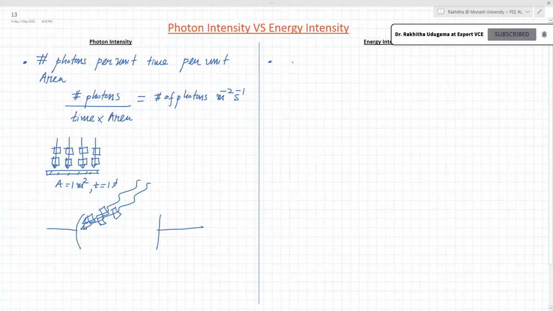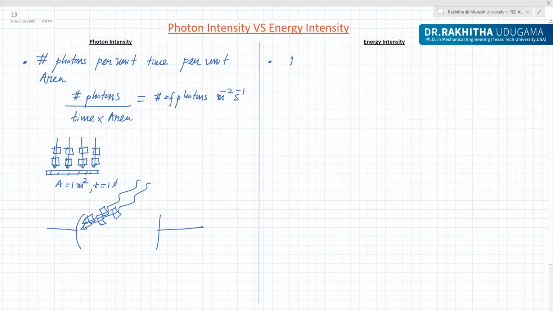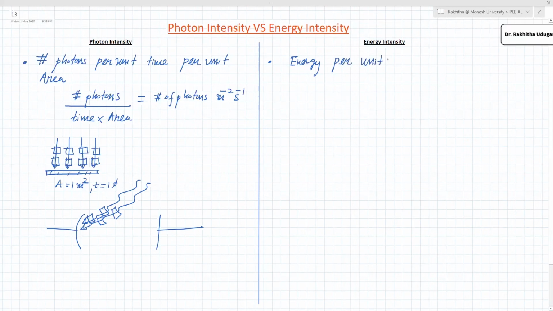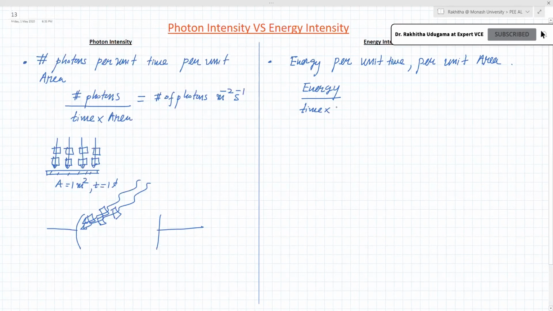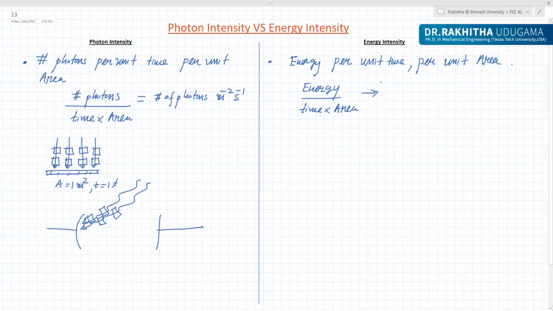This will tell you the energy per unit time per unit area, right? So this is nothing but energy divided by time times area.